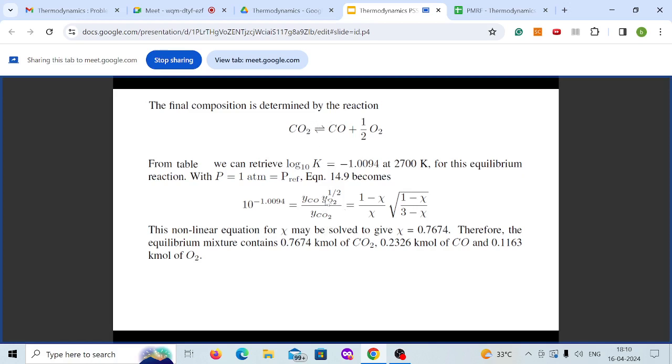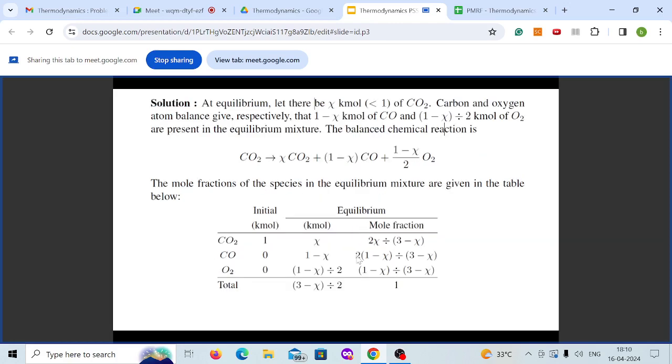Your products are CO and half O2 and your reactant is CO2. So K is equal to the mole fraction of CO, with coefficient 1, times the mole fraction of oxygen raised to the power half, divided by the mole fraction of CO2. We have already found out the mole fractions of each of the components.